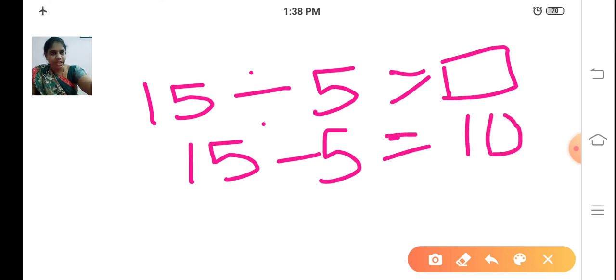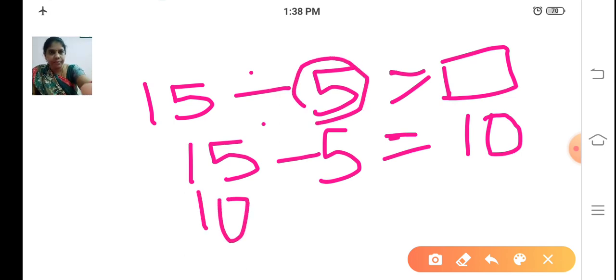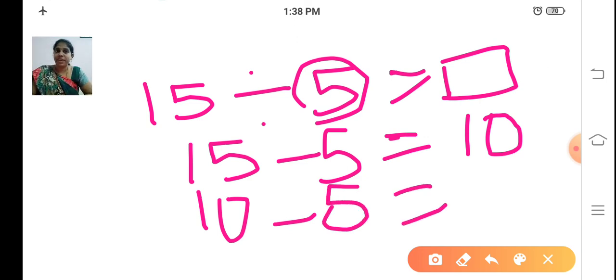I am just writing 15 minus 5 is 10. And from this number 10, again subtract 5. 10 minus 5: if you subtract 5 from 10, the answer will be 5.